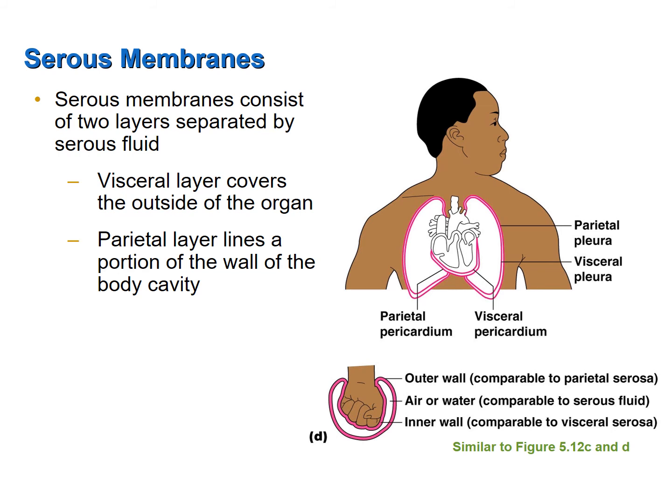Now take that fist and push it into a partially inflated balloon, such that one side of the balloon, the part in contact with your fist, is almost touching the other side of the balloon.